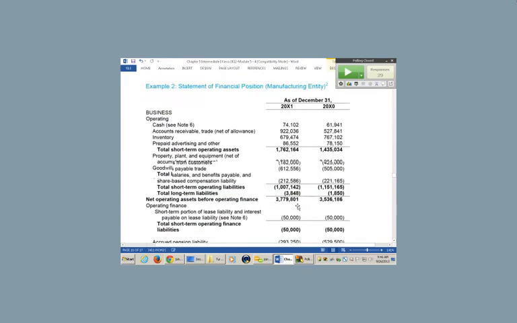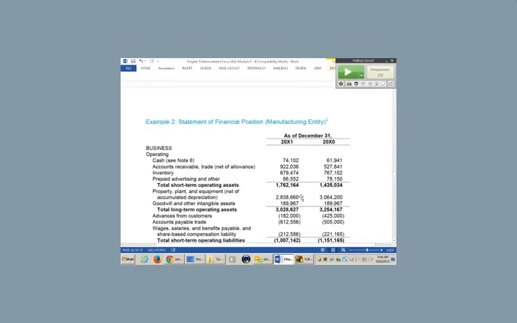If you look at this, just look at the assets. They're saying they've got business assets, and some of these business assets are operating. All right, this makes sense: you've got cash, receivables, inventory. Then you've got long-term operating assets, then your plan assets.